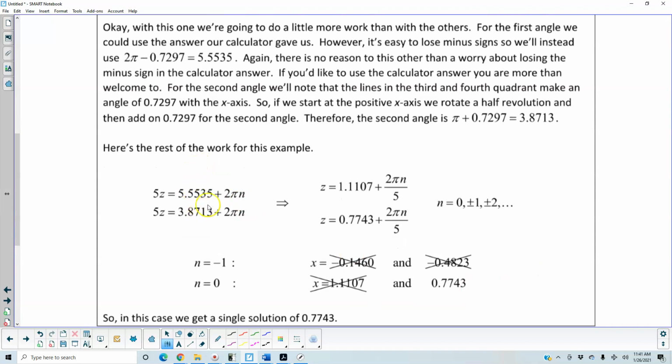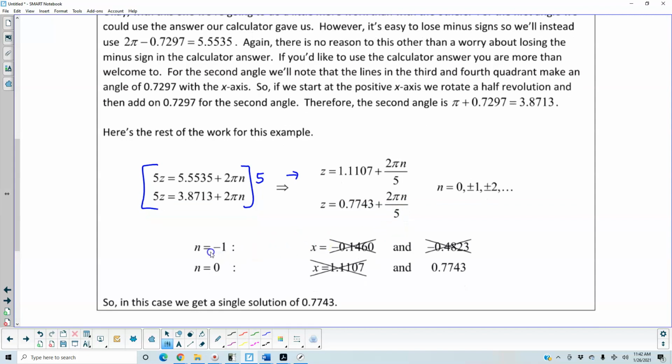So here are our numbers, plus 2 pi n. Again, we're multiplying both sides by 5 to get this result. So we get z is equal to 1.1107 plus 2 pi n over 5. z is equal to 0.7743 plus 2 pi n over 5.